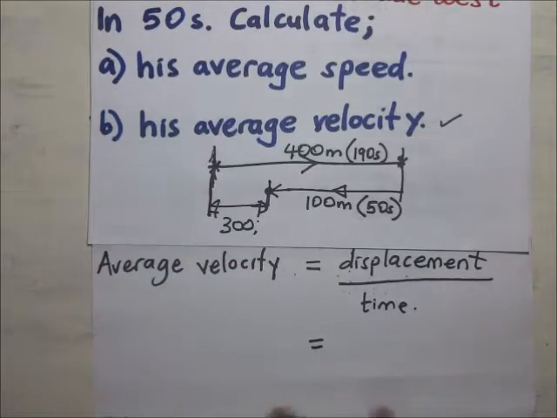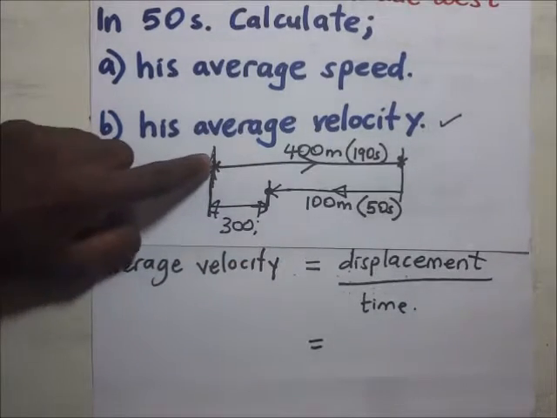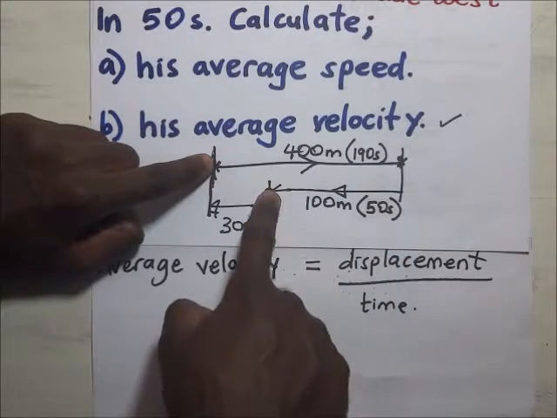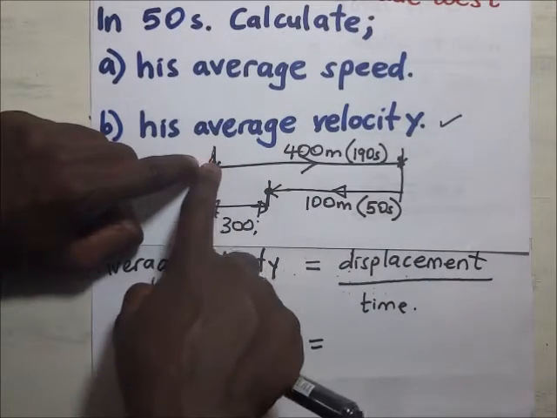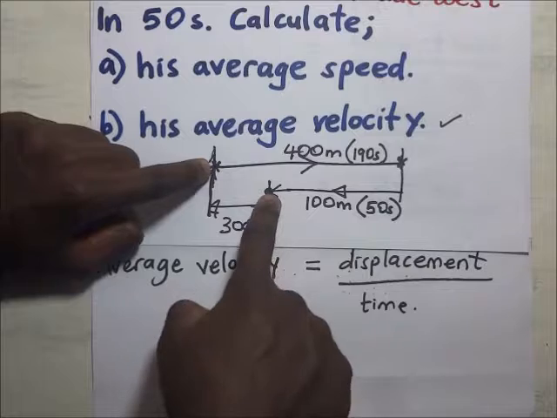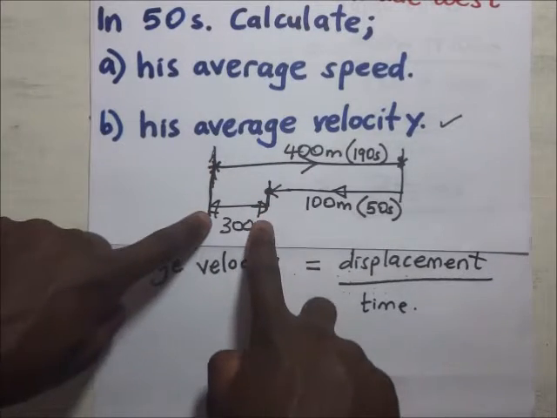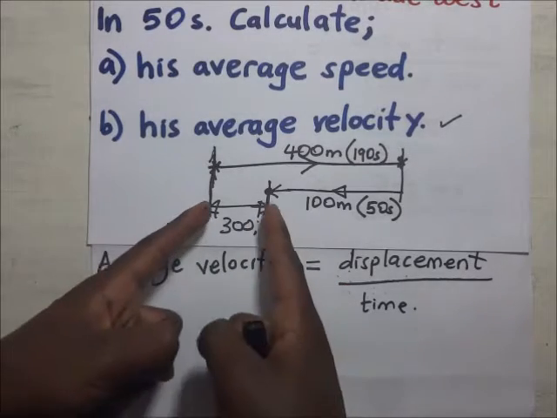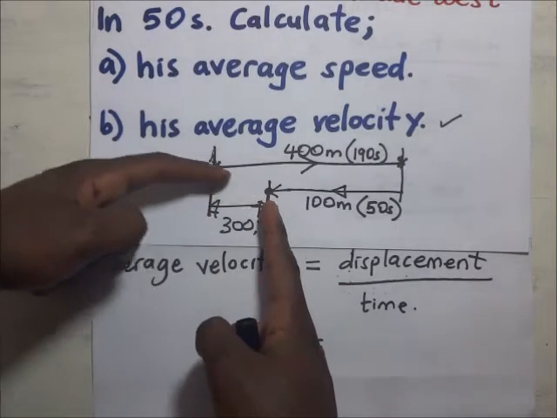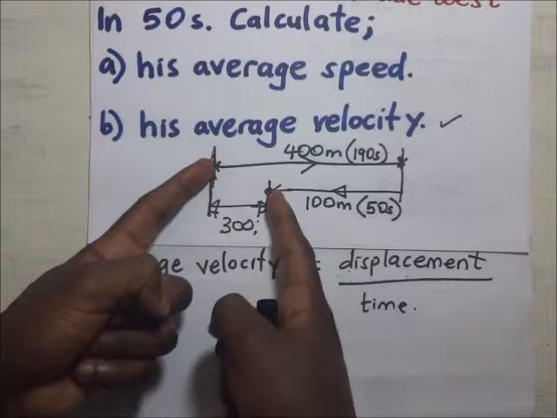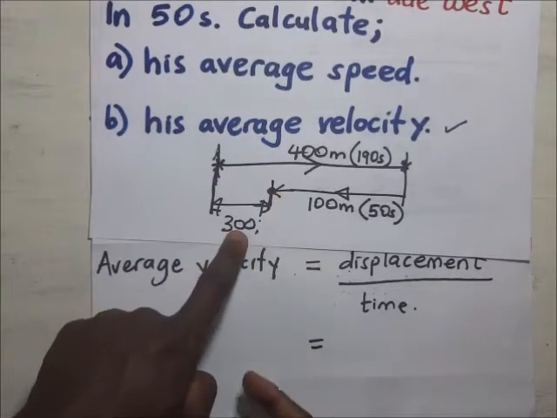So much as this guy moved and covered a distance of 500 meters, his displacement is 300, because the specific distance covered in the specified direction from the point he started to the point he ended is 300 meters.